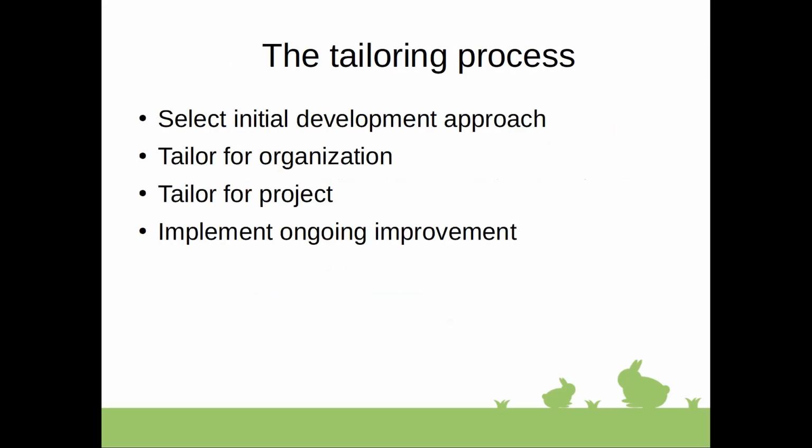So the process of tailoring itself within all of this, it's pretty straightforward. Once you select initial development approach, you need to start tailoring for the organization that's impacted by this project. It can be inter-department, it can be cross-department, and might be some BU specific, not specific to the department.